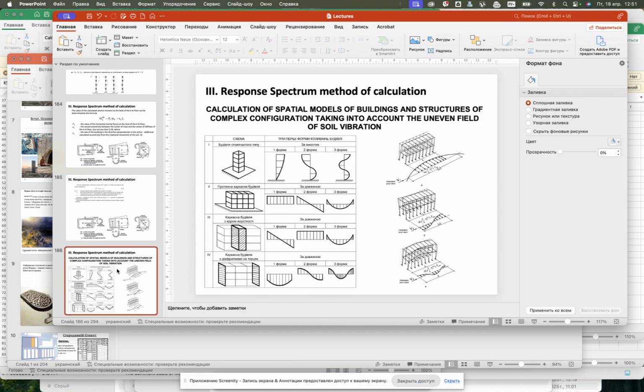Also, we have an additional model for the spectral method.